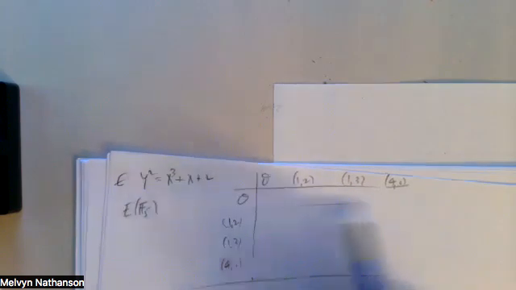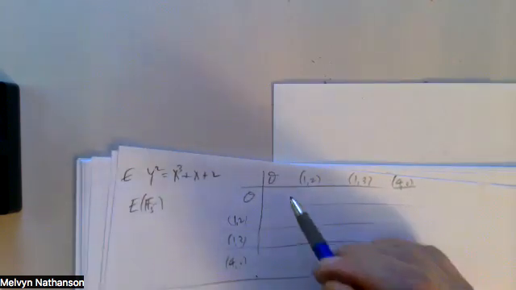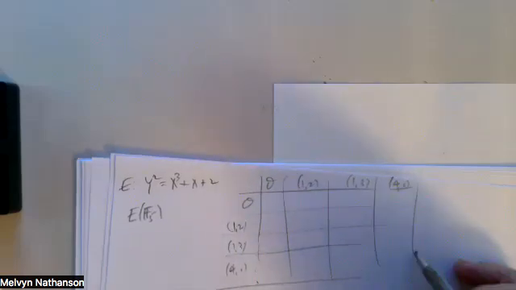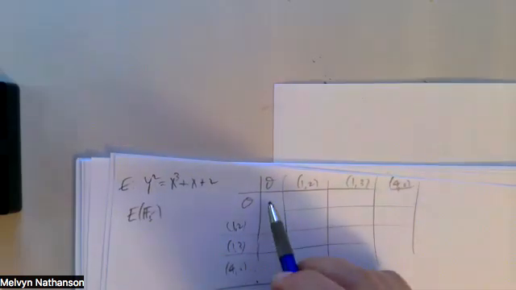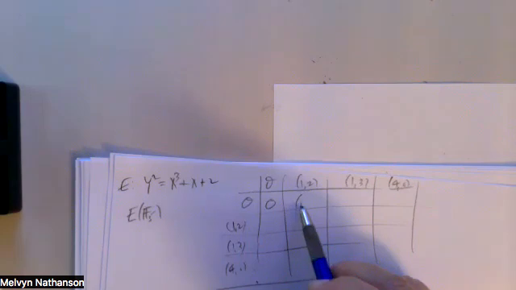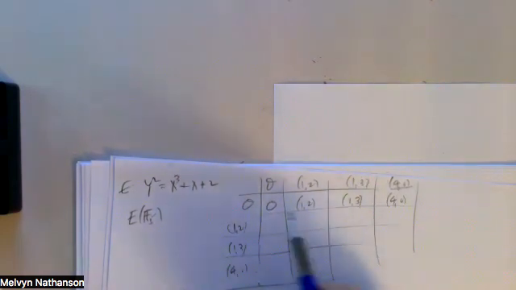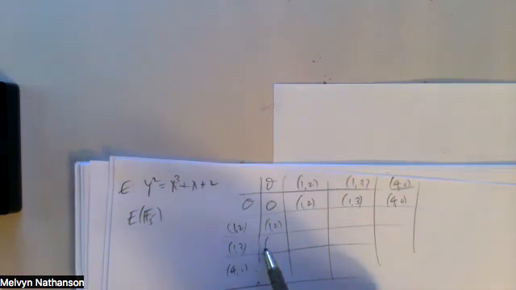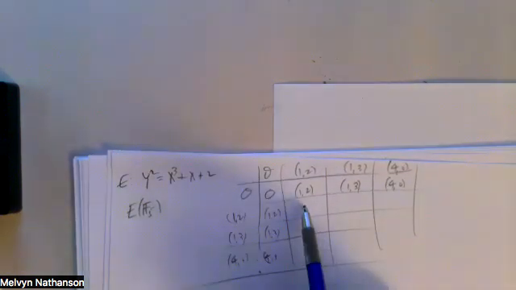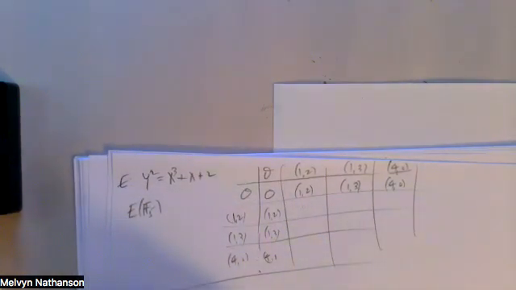So let me try and fill in this table. Adding the point at infinity, which is just the additive identity, to a point is just that point. What about (1, 2) plus (1, 2)?